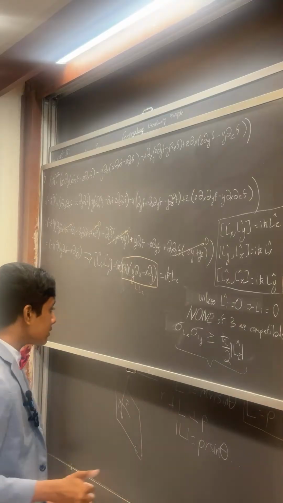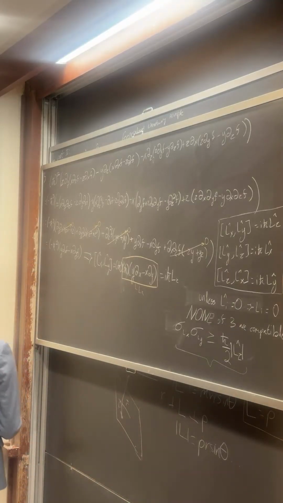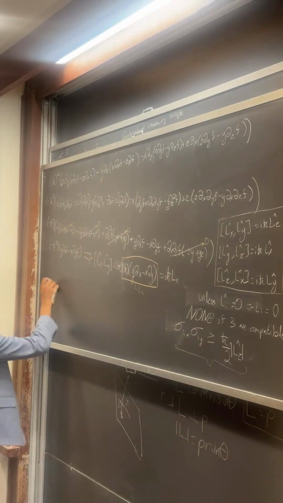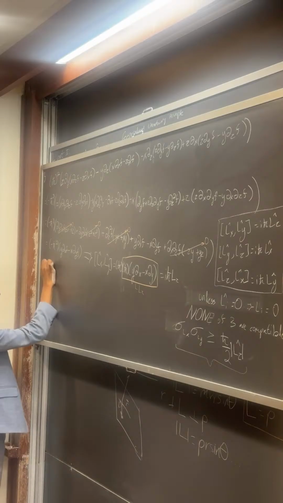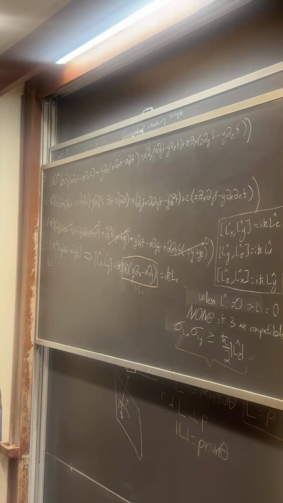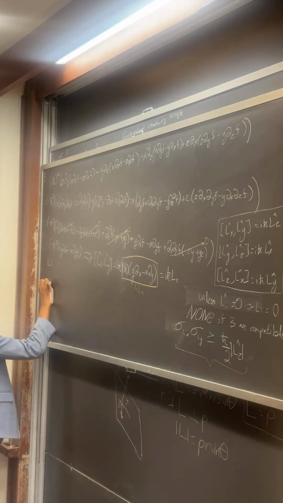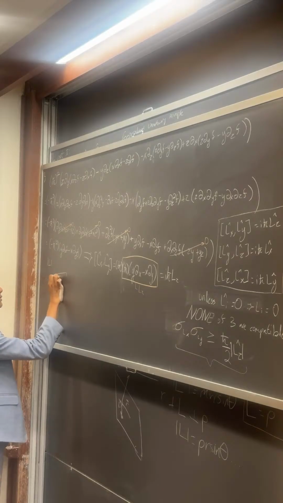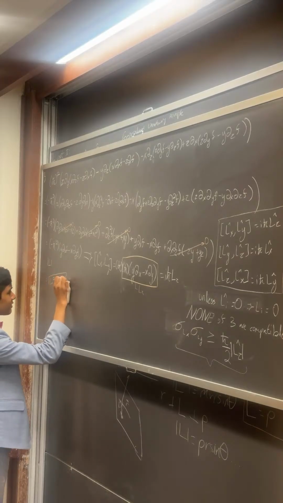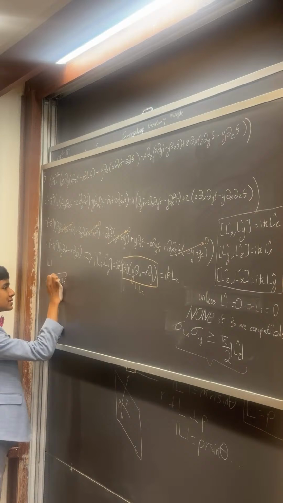Can we find two quantities that are compatible? Well, the next optimal guess is to find the magnitude of L, or the norm. But you quickly realize, what is this going to give you? The square root of Lx squared plus Ly squared plus Lz squared, which would be fine if they're scalars, but they are operators.